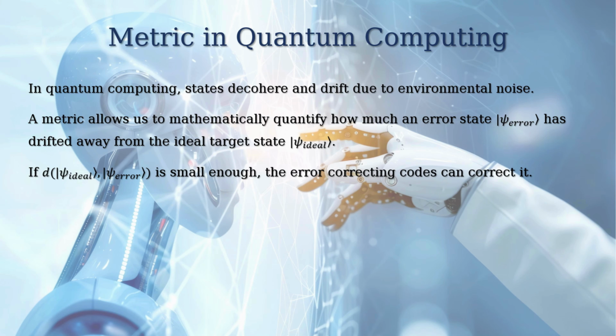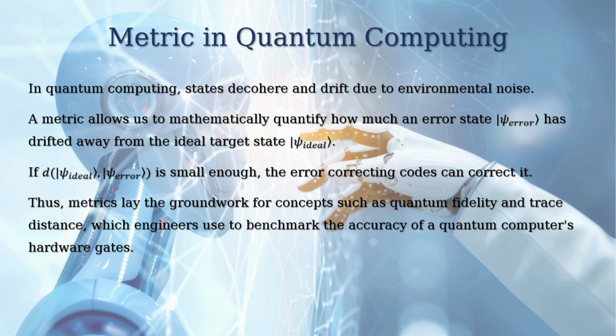If the distance is small enough, the error correcting codes can correct it. Thus, metrics lay the groundwork for concepts such as quantum fidelity and trace distance, which engineers use to benchmark the accuracy of a quantum computer's hardware gates.